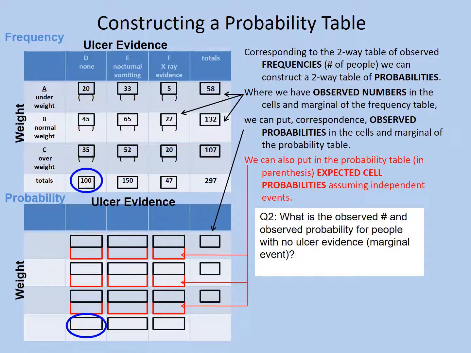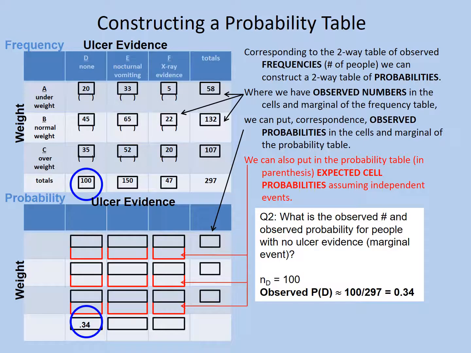As another question, this time dealing with the marginals of the table, what is the observed number and observed probability for people with no ulcer evidence? This is a marginal event. The observed number of people with no ulcer evidence is found in the top table, and the answer is n sub d equals 100.